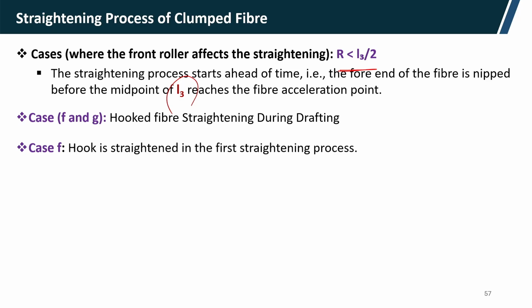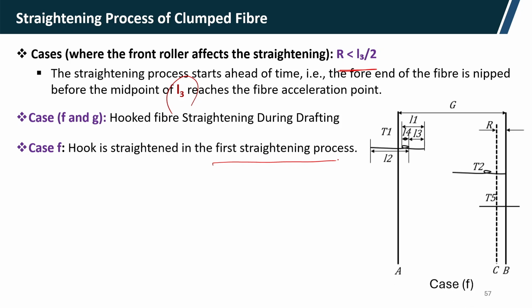Case F is hook straightening in the first straightening process. So, you can see the hooked fibers are straightened. Output straightness is 1 because it is completely straightened.